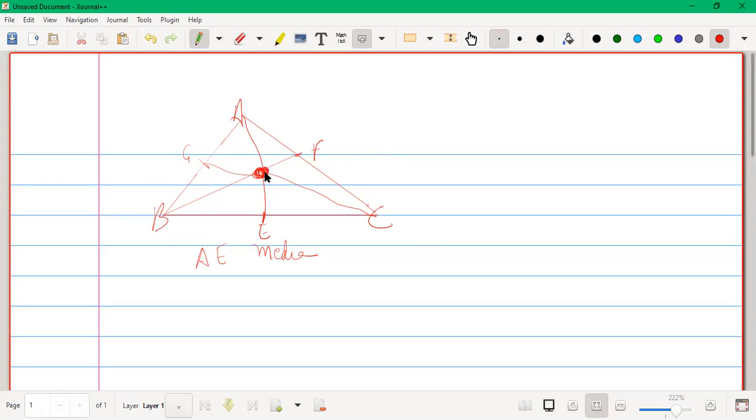Centroid. The point intersecting the three medians is called? Centroid. Centroid divides each median in what ratio? 2:1. 2:1. Correct. Okay.